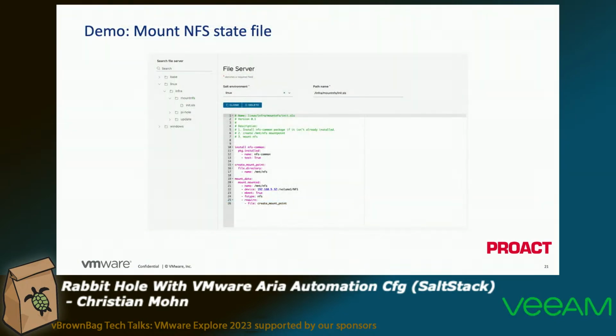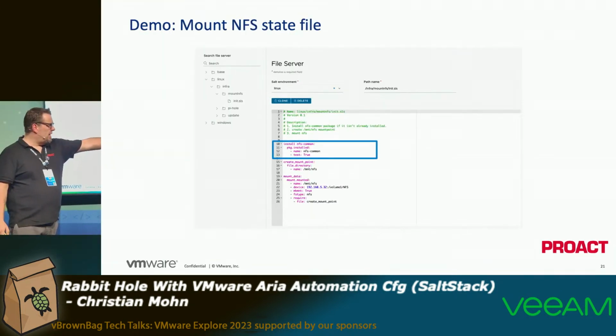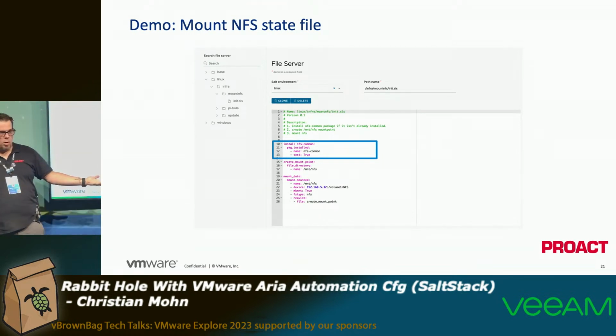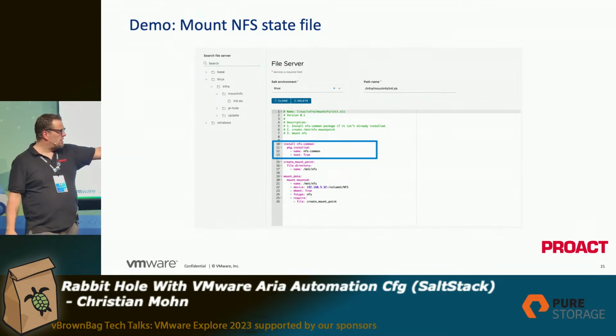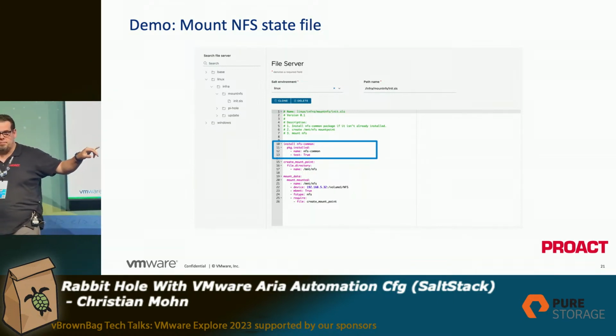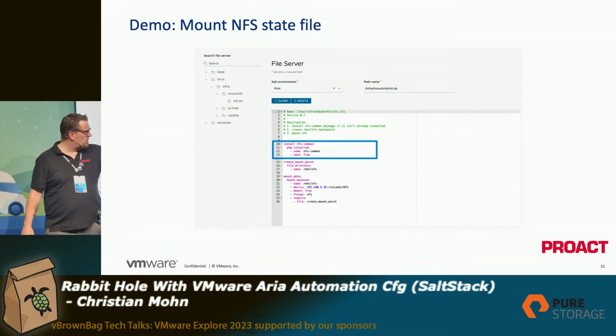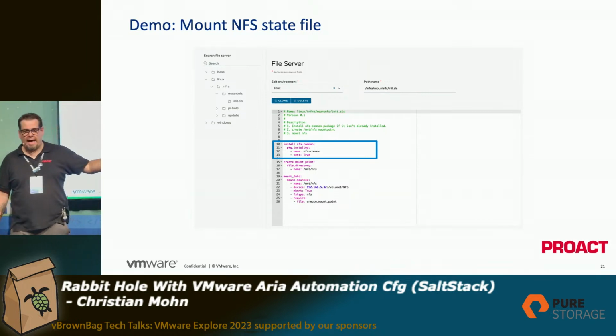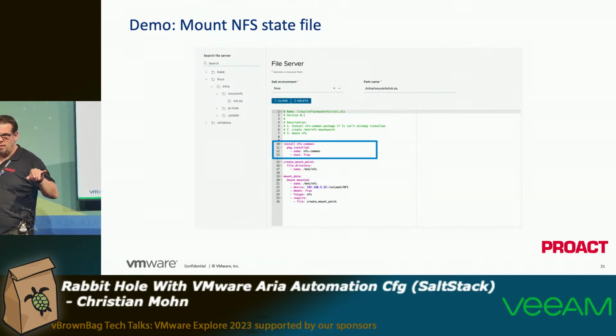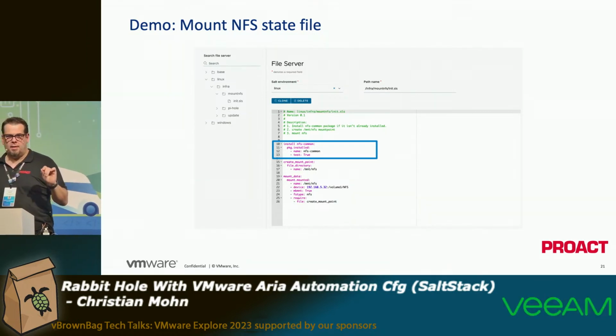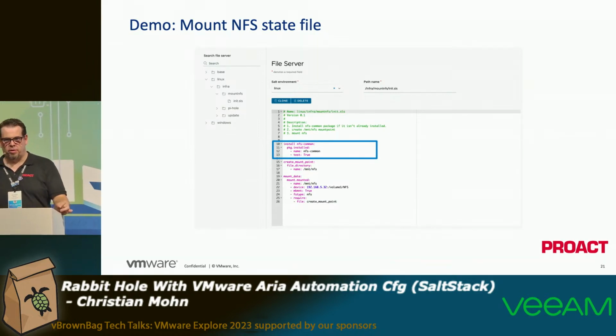So what does that state file look like? Well, the fun thing here is the command called install NFS common. That's something I've called it. And then I run a Salt command called package installed, pkg.installed, which then installs the NFS-common package. You don't define which package manager you're using.